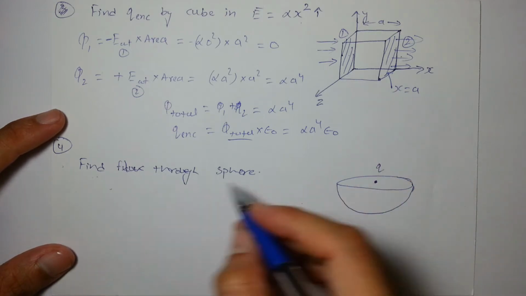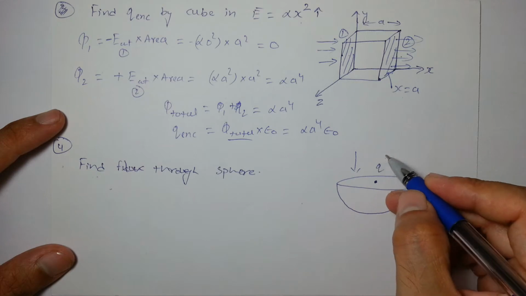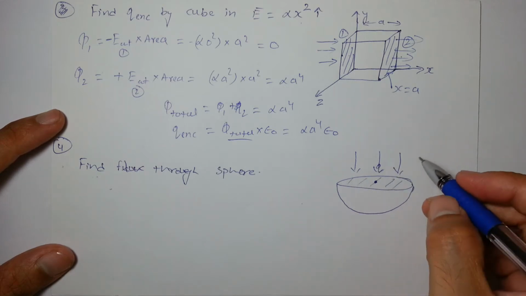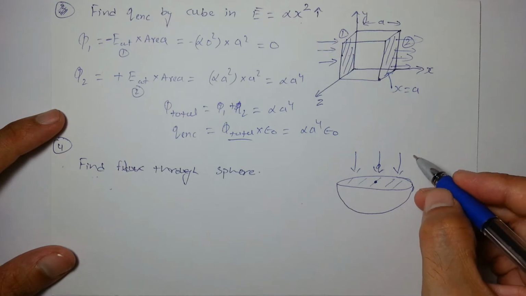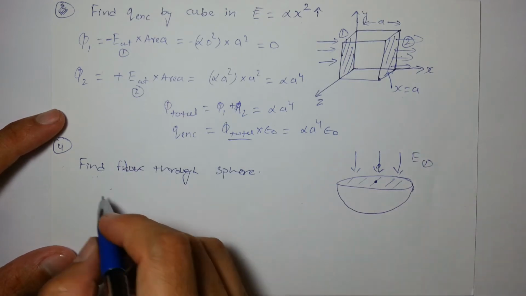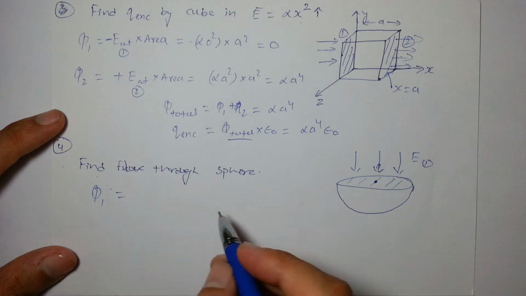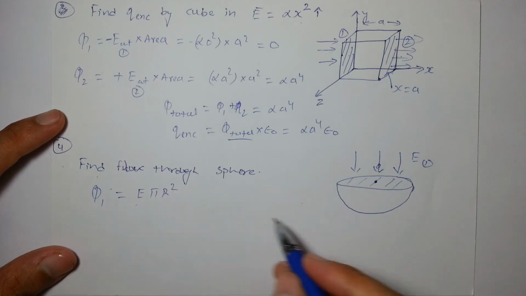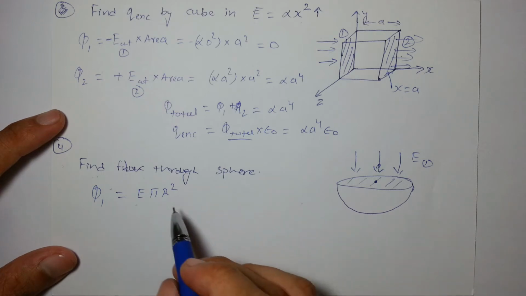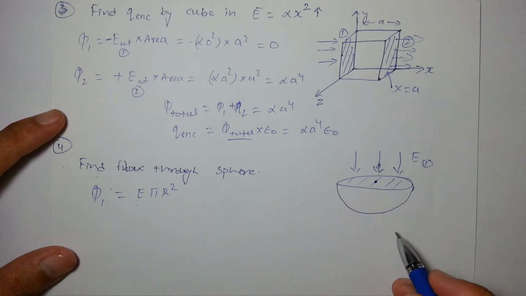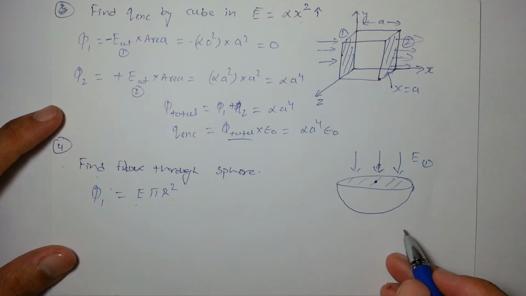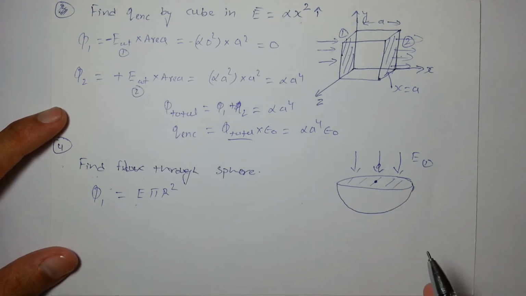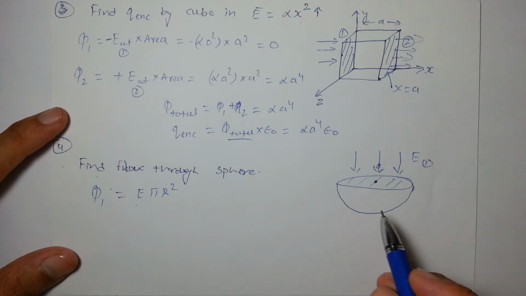Okay, let's take case 1. Case 1 is when the field is along this direction, perpendicular to the circular cross section. So phi in case 1 will be E into pi r square. Again it is pi r square, because in a uniform electric field we can take the projection, as we solved in the previous questions also.